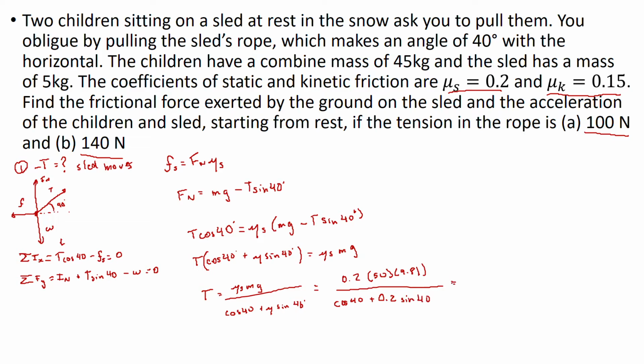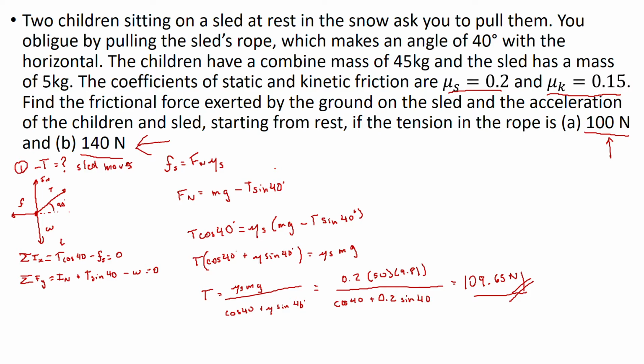After a whole bunch of calculations, it is 109.65 newtons. Up to this point I haven't solved a thing, but I know I need about 110 newtons to move this sled. So I know now that this tension won't move my sled, but this other one is going to move my sled. Let's keep working with that.